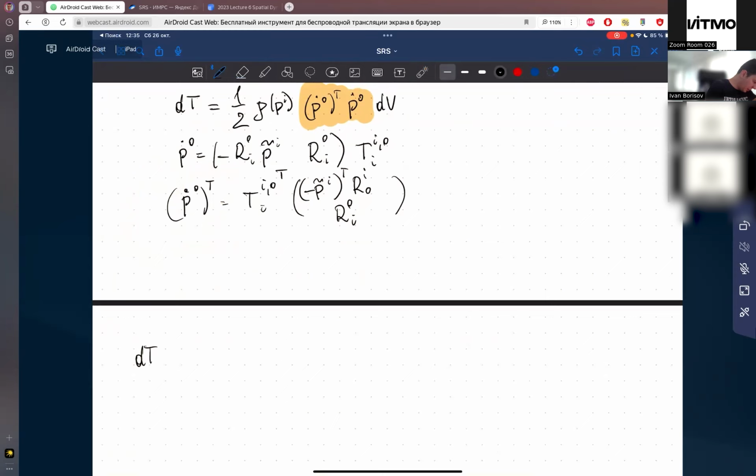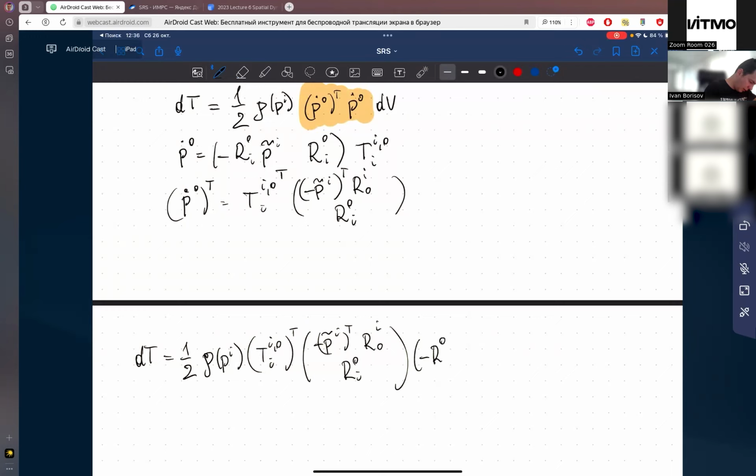So dt equals 1/2 rho pi, then all this stuff with the transpose p t I o I transpose rho transpose r I o r o I minus r0 I p r o I twist dv.